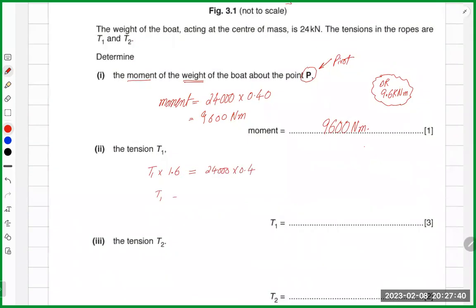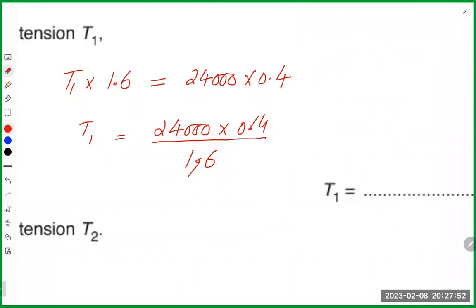So T1 equals, okay, there is one digit after the decimal on each side, so you can cancel the decimals. 1.6 becomes 16, so T1 is 6,000.